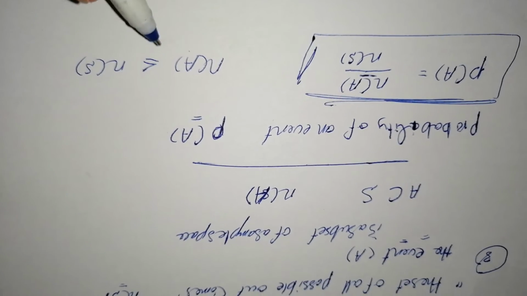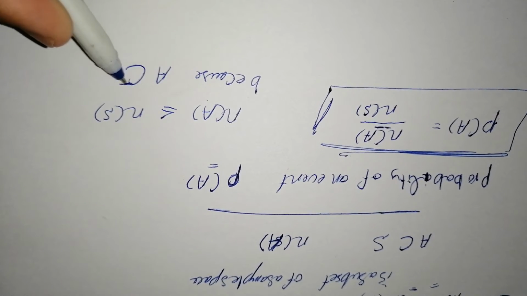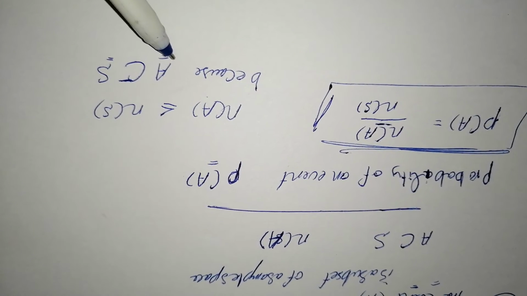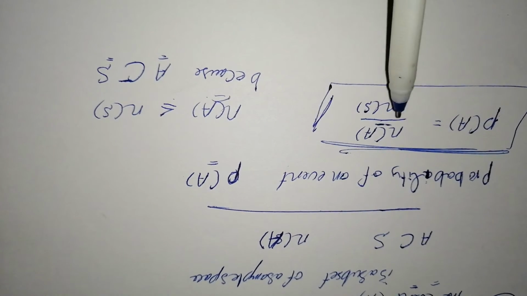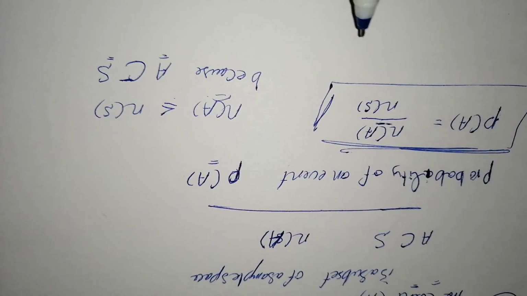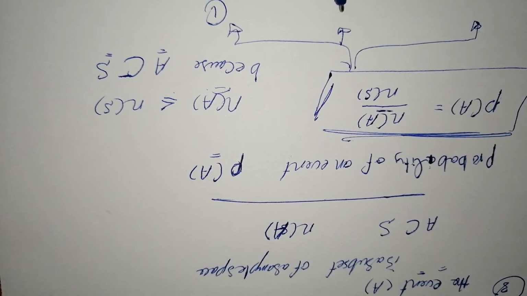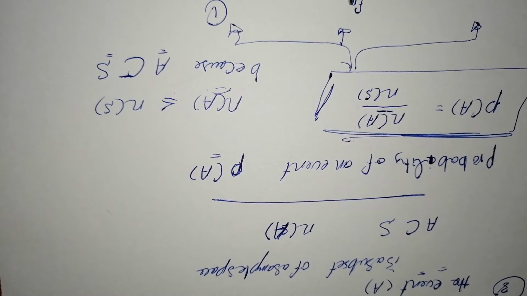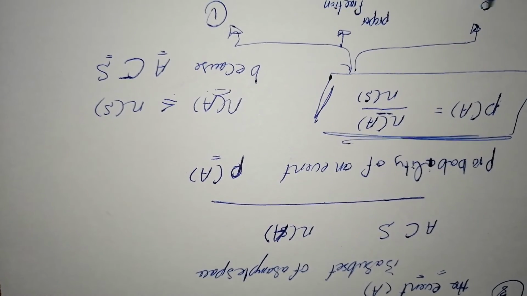Because A is a subset from S. So, A is a subset from S, maybe the number of A equals the number of S, or maybe the number of A is less than the number of S. If we divide a number by another number which is greater than or maybe equal to it, the result may be equal to 1, or maybe a fraction between 0 and 1, which is named a proper fraction, or maybe equal to 0.